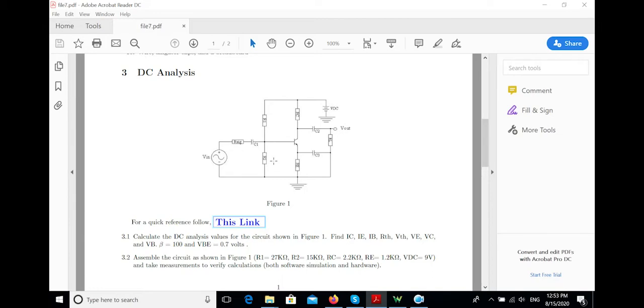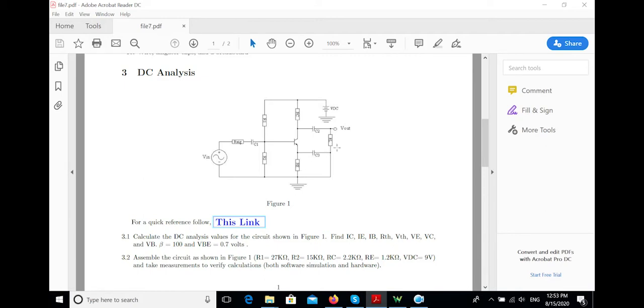So two 10K resistors will give you 5K, in series with the 10K will give you 15 kilo. I'm sorry, RE is built of a 1K resistor and 200 ohm resistors in series.